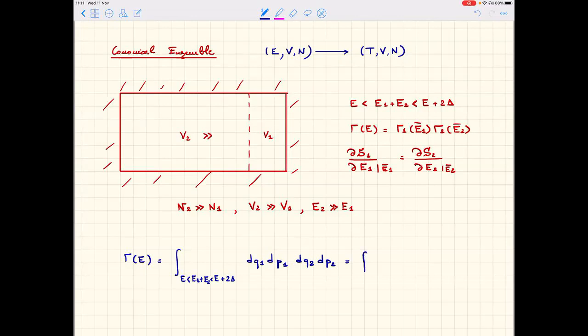I can write it as an integral over dQ1 and dP1 of the integral over E minus E1 smaller than E2 smaller than E minus E1 plus 2 delta, dQ2 dP2. You agree with me, guys?